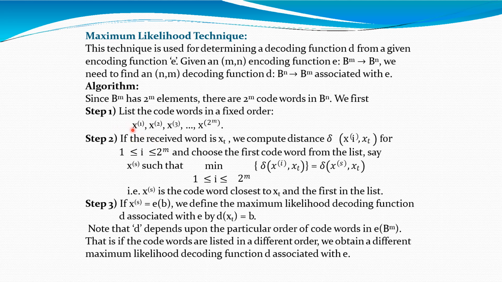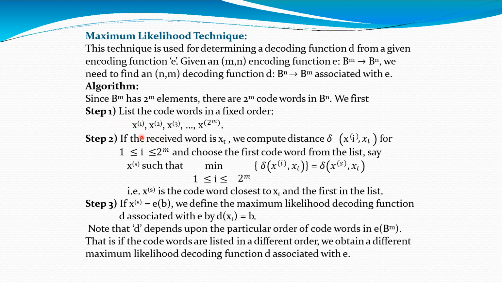Now see, the first step is that we have to arrange all the code words in a fixed order, say x1, x2, up to x of 2 raised to m. Now suppose the received word is xt. Now for xt, keeping it fixed, we find all the distances. That is, we find delta x1 xt, delta x2 xt, and up to delta x of 2 raised to m, xt.